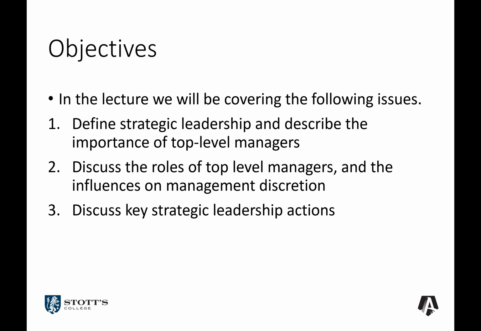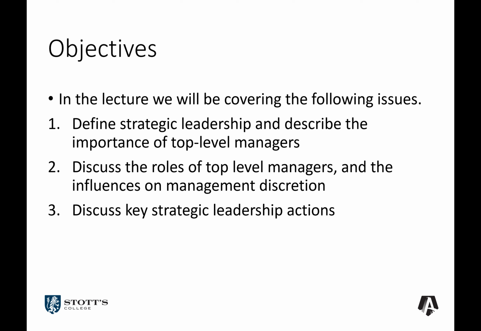So one of the things that we'll be talking about is strategic leadership actions and the factors affecting managerial discretion. They're a little bit different, I think, than the type of things that are normally covered in first semester for first year management topics, because we're focusing on strategy rather than just on interaction. So over the next couple of hours, including the coverage in the supporting videos, we're going to define strategic leadership and describe the importance of top-level managers.